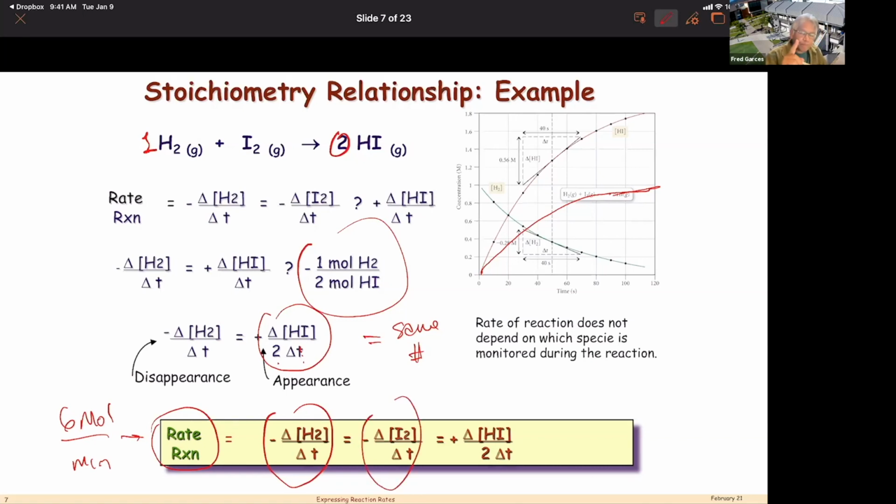It's the same ratio, but if you want the rates to be equal to each other, you use half of HI. Because for every one of these that is consumed, it'll be producing 2 HI. That's the relationship so that they all equal the same number, the same reaction rate.